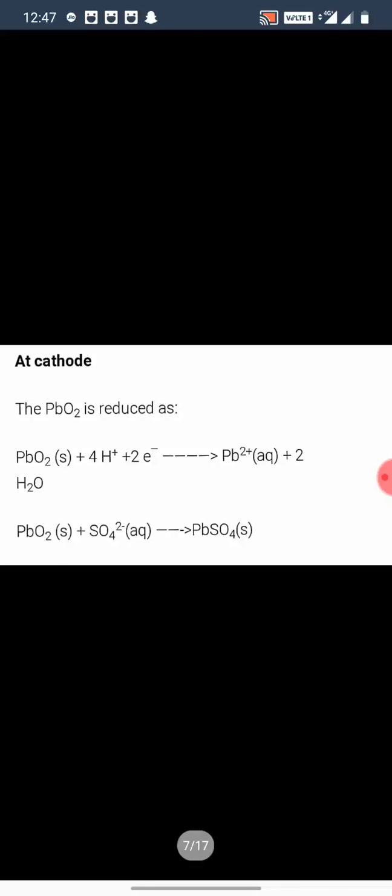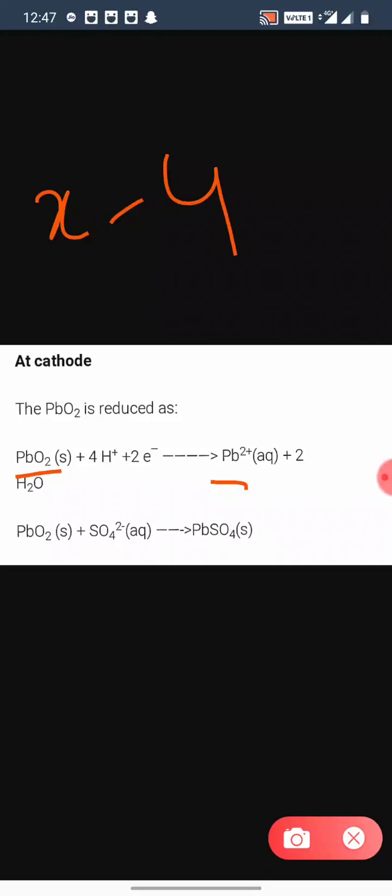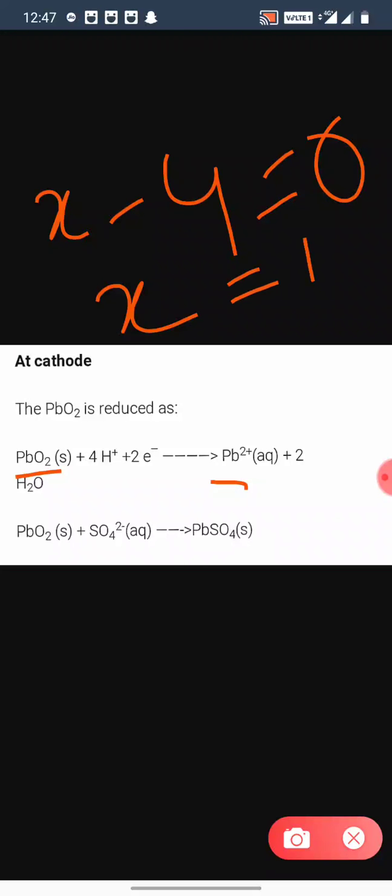So what happens at cathode? At cathode you can see that PbO2 is getting converted into Pb2+. The oxidation state of Pb in PbO2 will be +4. Why? Because x minus 4, the charge over one oxygen atom is minus 2, so obviously for 2 it will be minus 4, and this whole is equal to 0, so the charge over lead is +4.